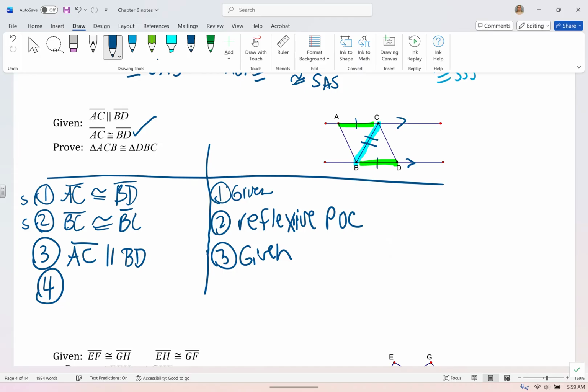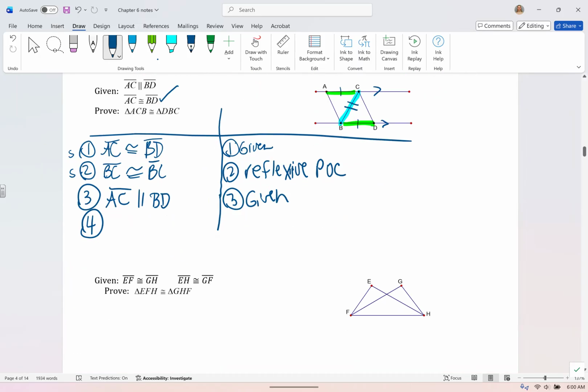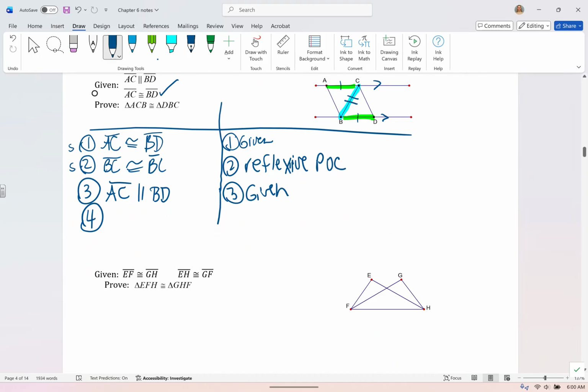Okay, and so let me zoom this in. Scooch it up so you guys can see what I'm doing. Oh, that's my alarm. Okay, so we are going to say that, do you notice that this angle here and this angle here are like a common angle. They'd also be alternate interior angles.